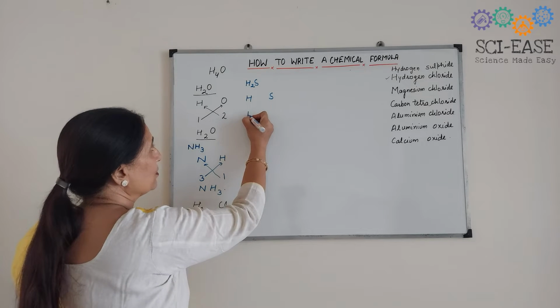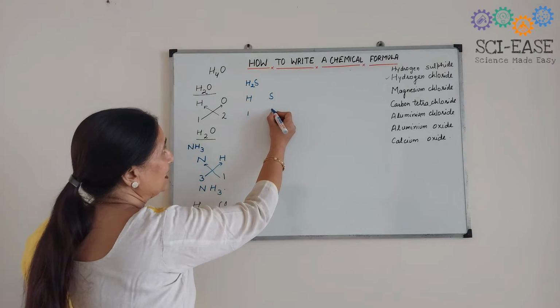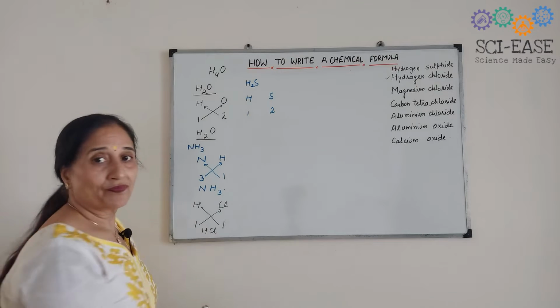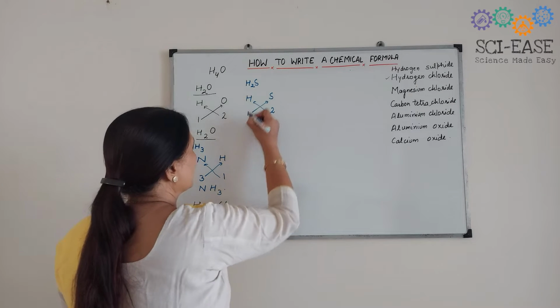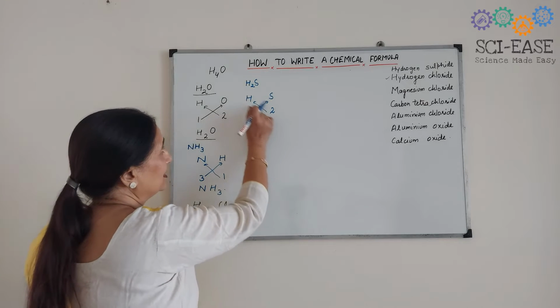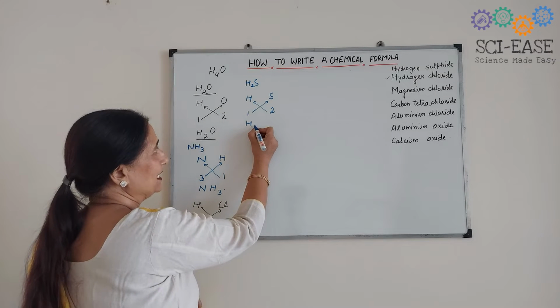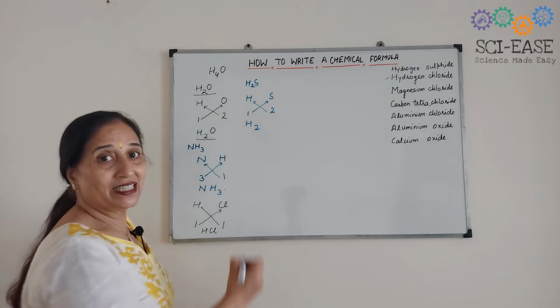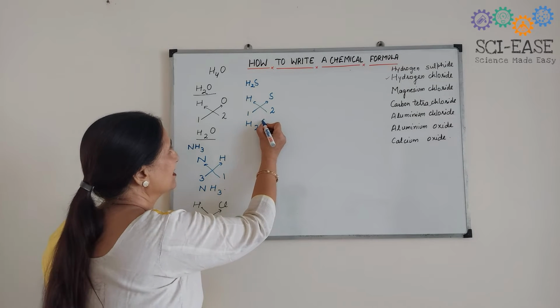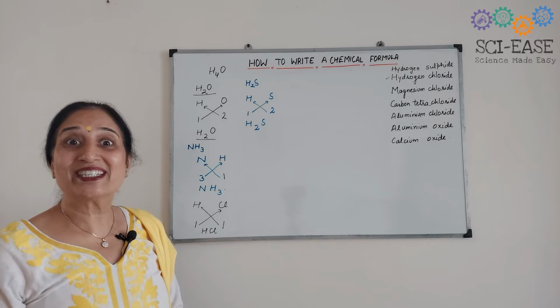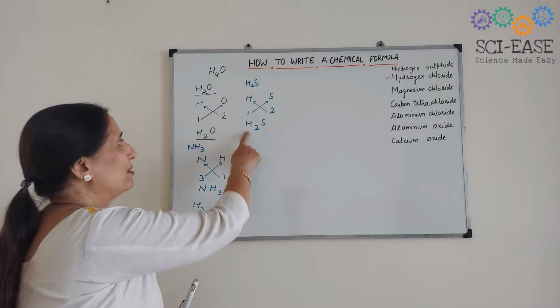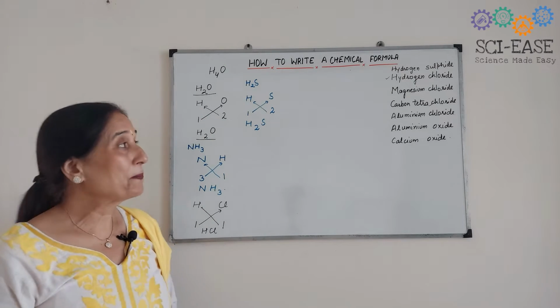Hydrogen has valency 1 and sulfide has valency 2. Cross it. What will you get? H, valency of sulfide, that is 2. So you will write here H2, and this is S. H2S, hydrogen sulfide. The formula will come out to be like this.